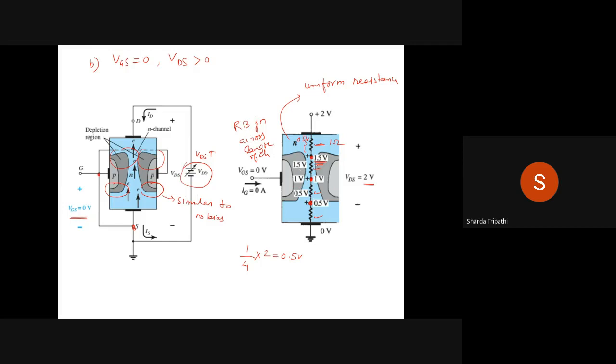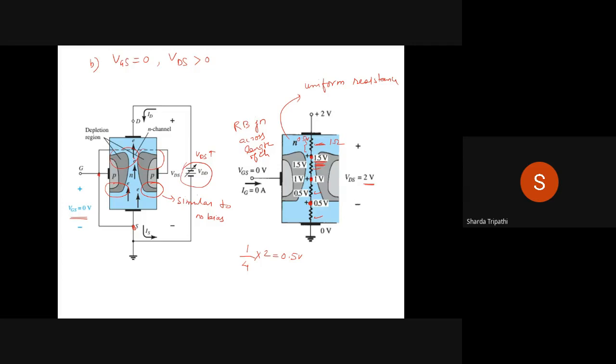And also keep in mind that this reverse bias voltage is high towards the top, whereas it is low towards the bottom. And we already know that if the reverse bias voltage is high, the depletion region is going to expand. So this is the reason why we have this kind of shape.